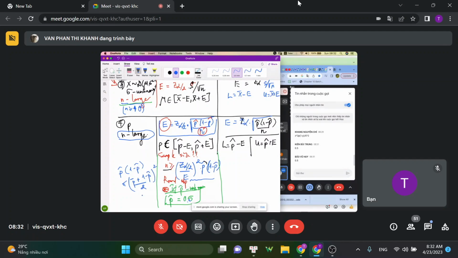That's why it equals 1/2 squared, and the equality happens when p hat equals 0.5. So if I choose 0.5, it's the maximum number. It's much greater than this number, but if we don't have p hat, we have to use this way to estimate the sample size. Anyone has questions? No?